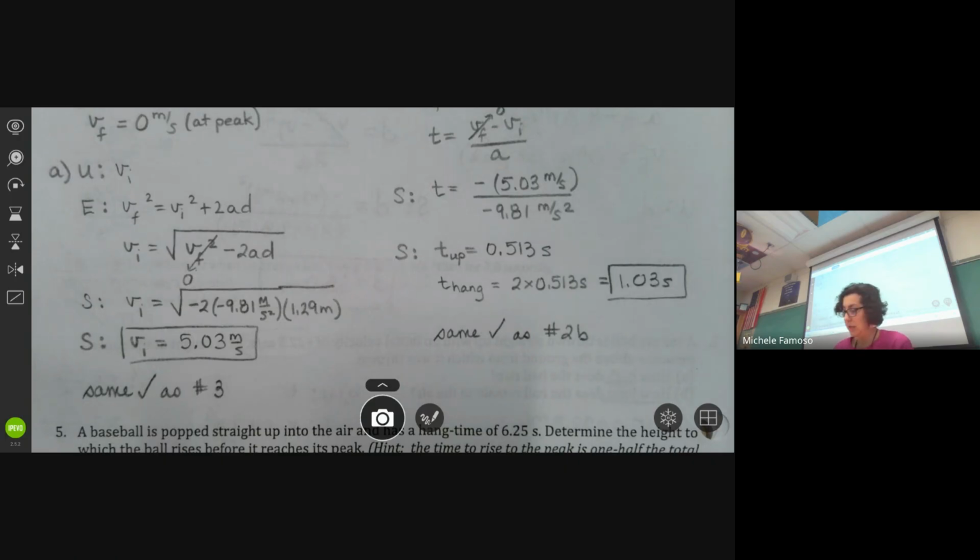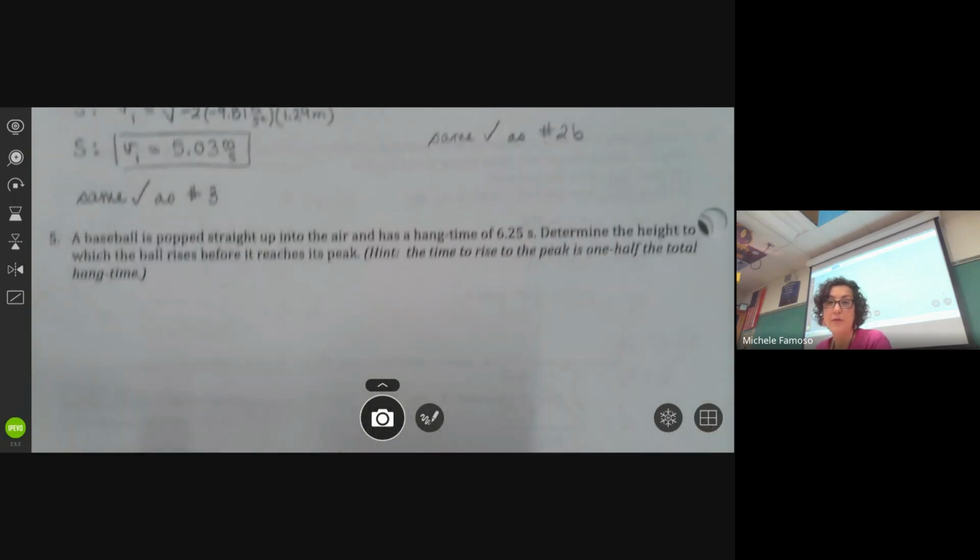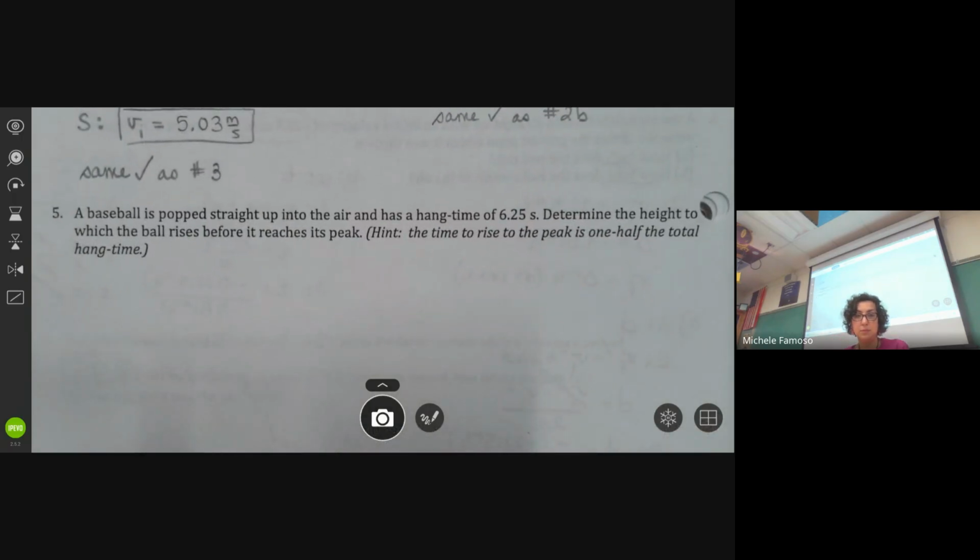Okay. Last one, number 5. All right, Gianna, go ahead and read number 5 for us, please. Determine the height to which the ball rises before it reaches a peak. Okay. Vincent, something I can circle. Straight up.